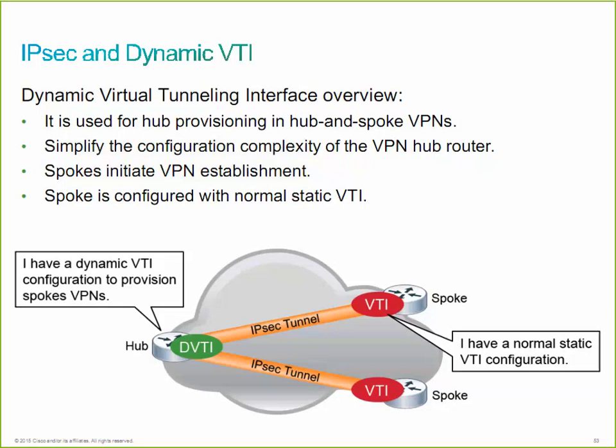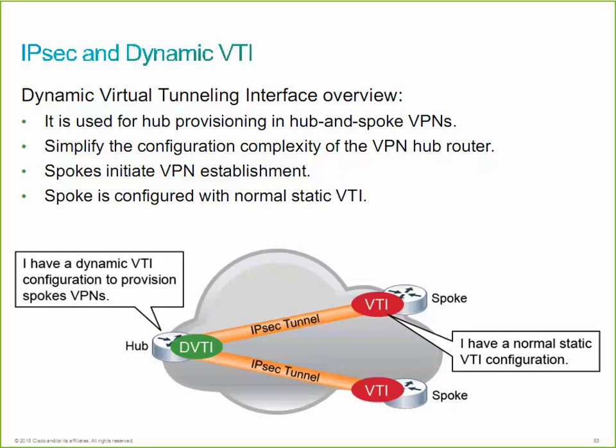The configuration gets cloned from a virtual template configuration. That's going to include things like the IPsec configuration, IOS software features that would normally be configured on a regular interface, like QoS, NetFlow statistics, access control lists, etc. That information is going to get cloned for each of the IPsec tunnels that are being created. So with dynamic VTI functionality, we have minimal configuration on the hub router in a hub and spoke VPN to create all of these various VTIs, one for each spoke router.